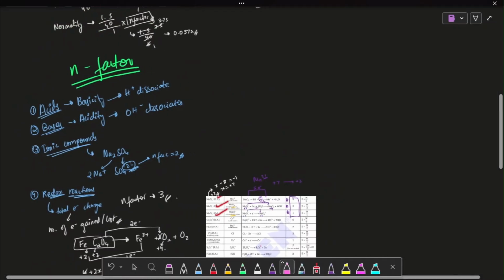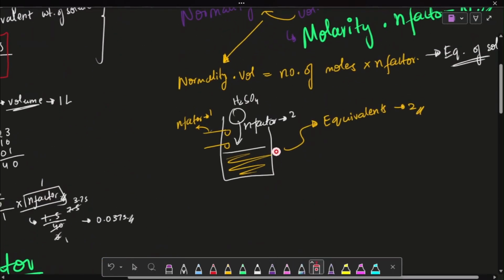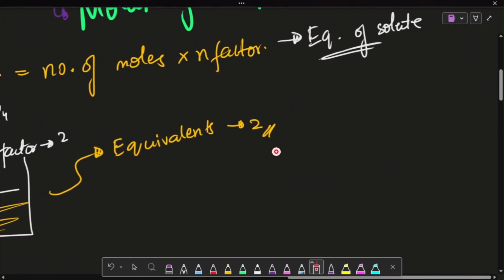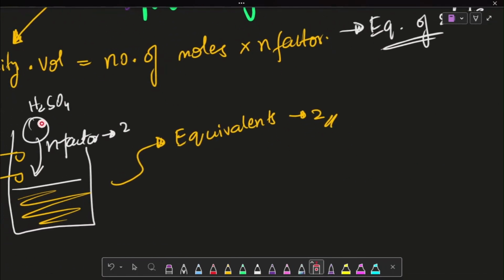So a quick recap from the analogy that we took. From the orange analogy we took, equivalent is nothing but one balancing job that was being done by the sugar.